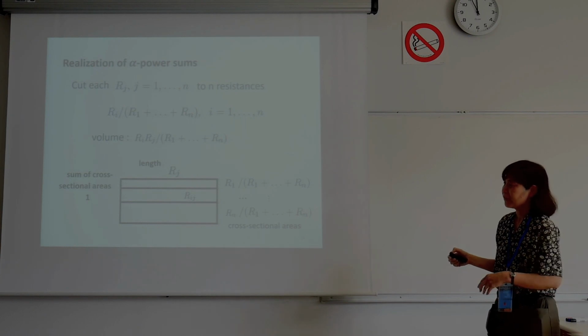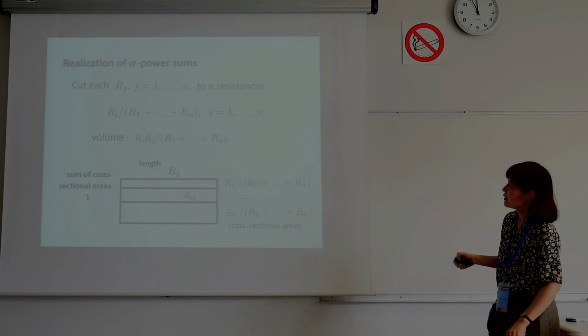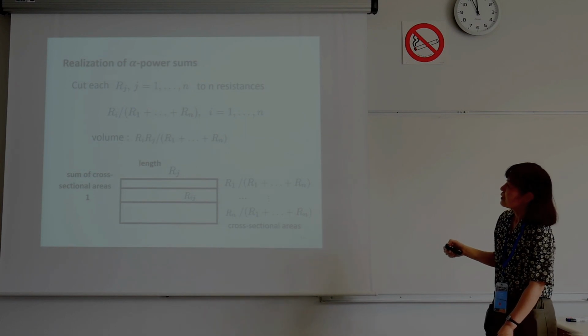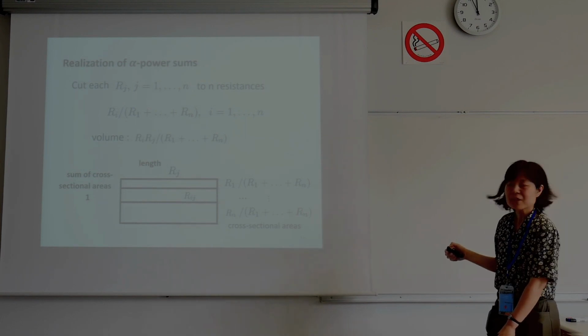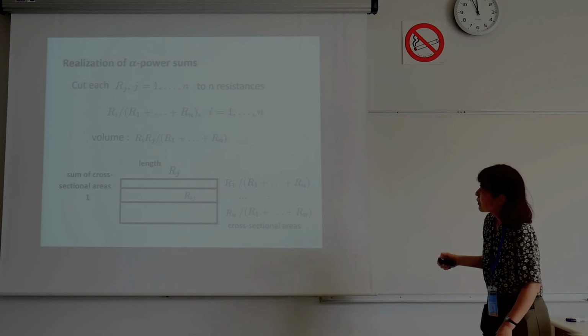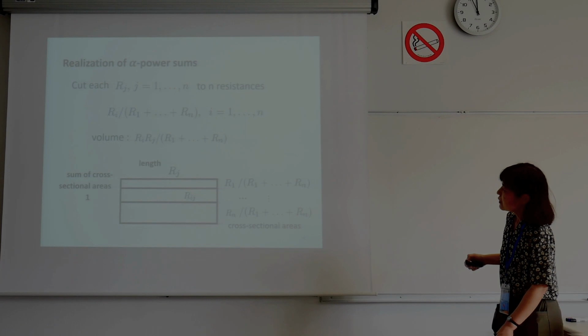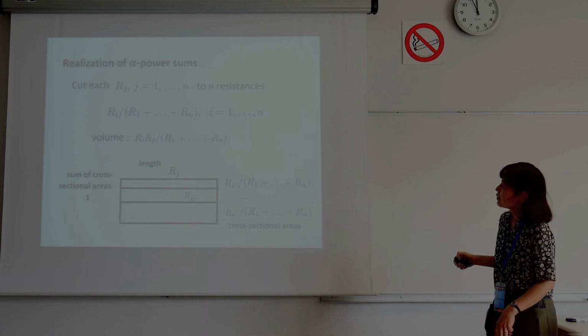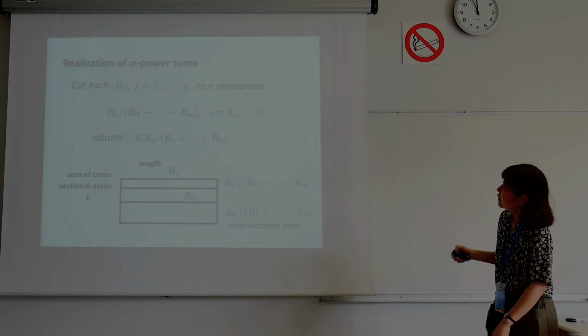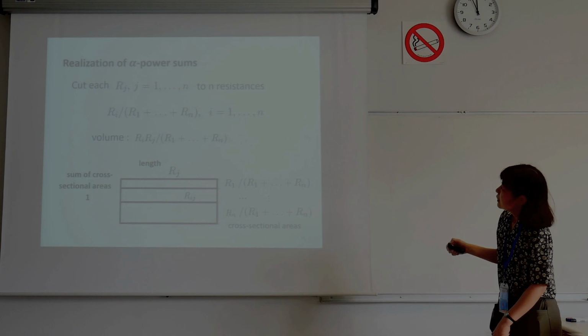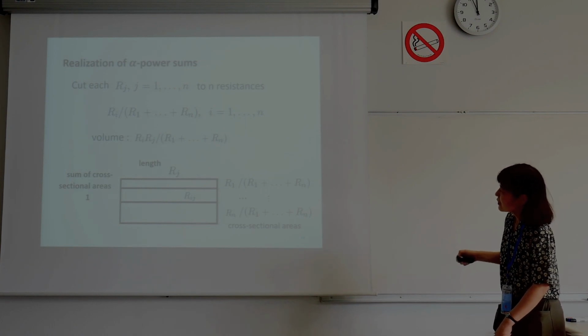Can this resistance be a realization of alpha power sums? This is resistance Rj, j is 1 to n. Cut and slice Rj.